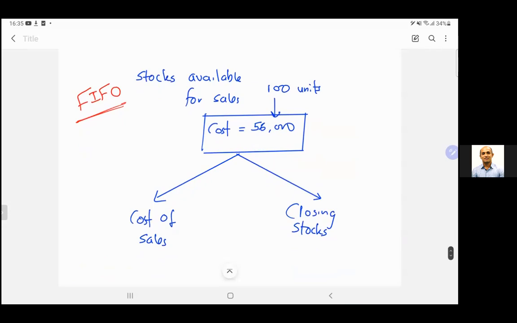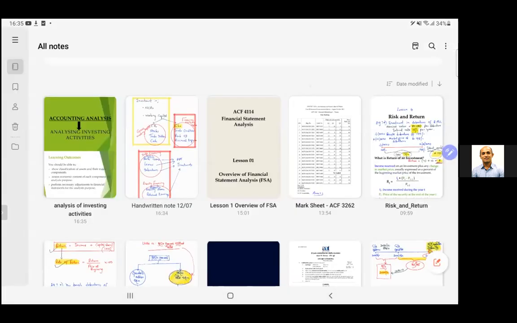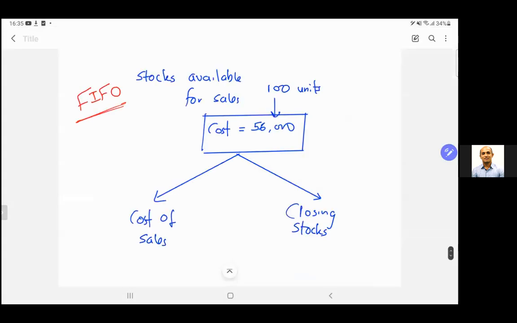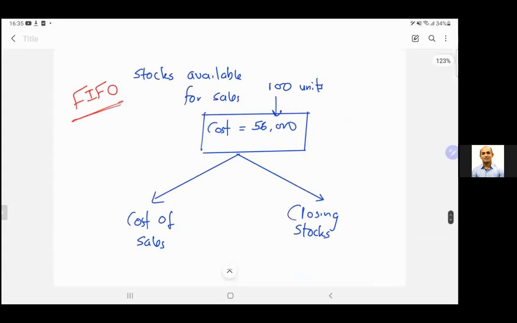Now we are applying FIFO basis. How many units of closing stock? You have 100 units. Out of 100 units, 30 sold.